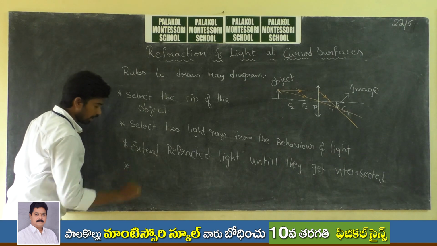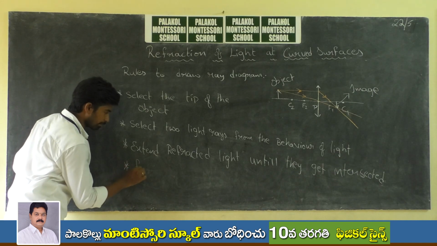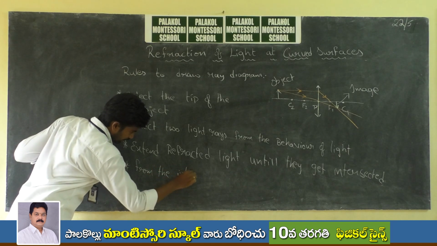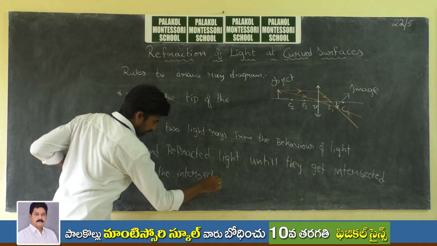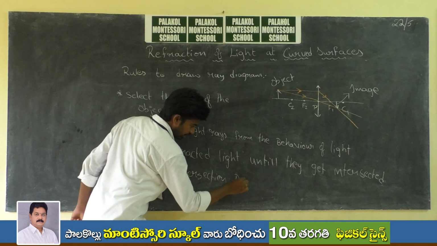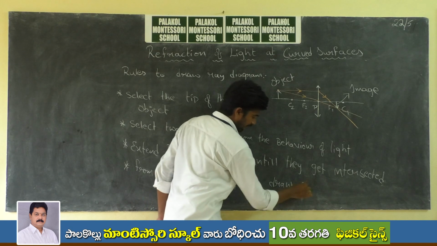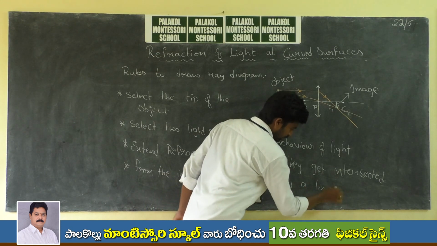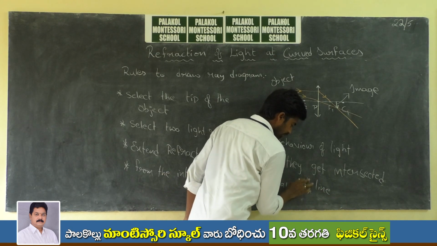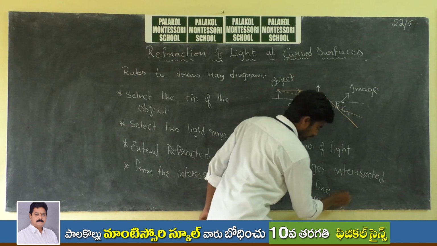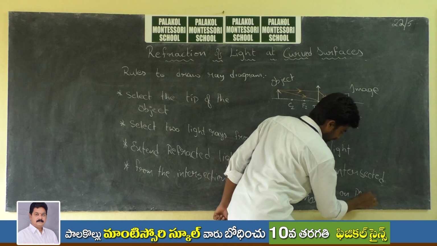So what is the last point? From the intersection point, draw a normal line on the principal axis.